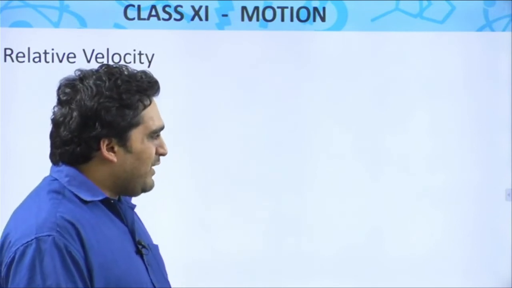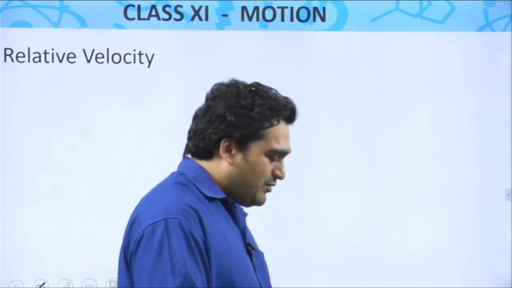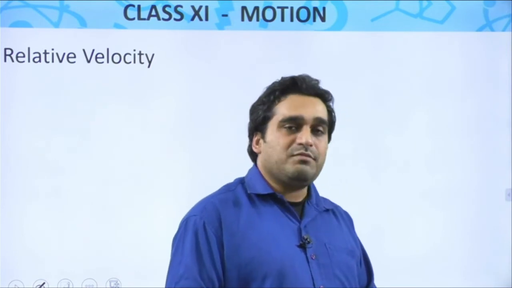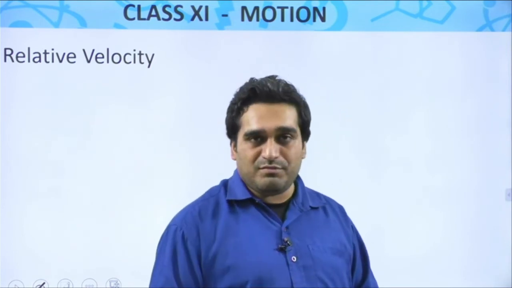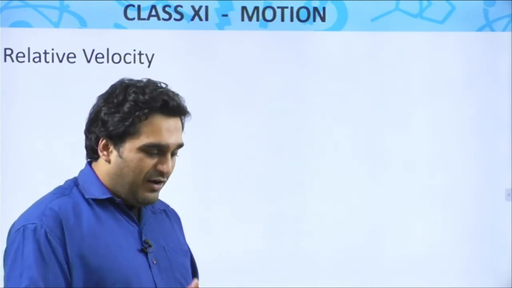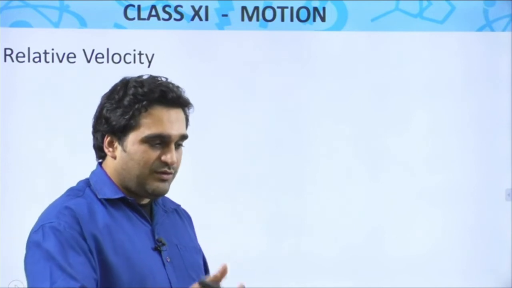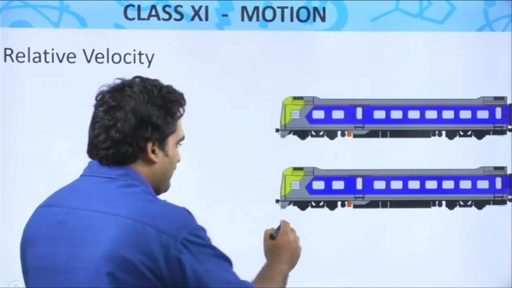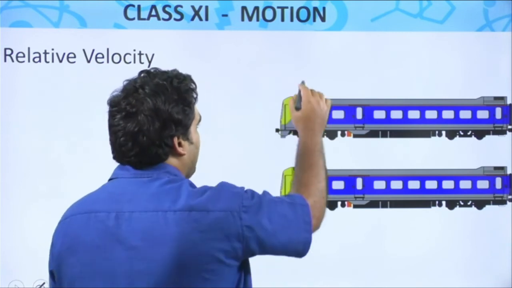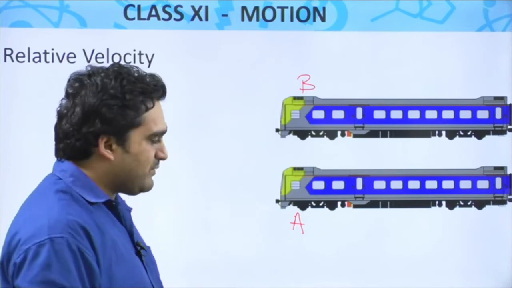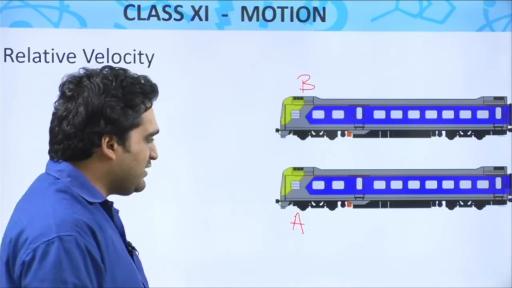So to identify this feature as to velocity of one object with respect to the other object, how can we identify the velocity of one object with respect to another object? Let's take the case of a train. Let's say you have train A and train B, initially at rest at time t equals 0.